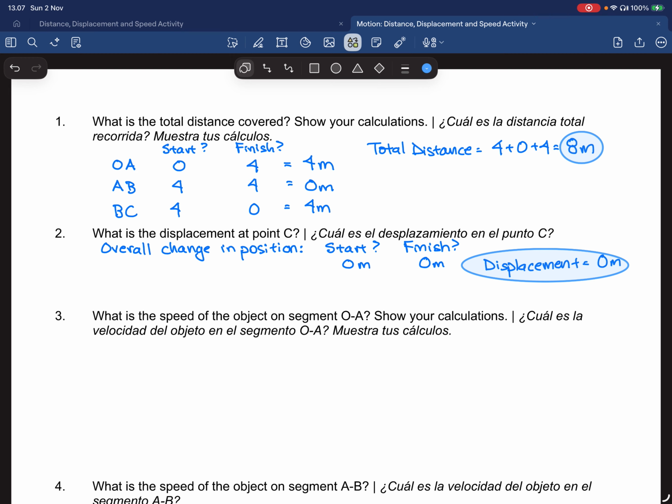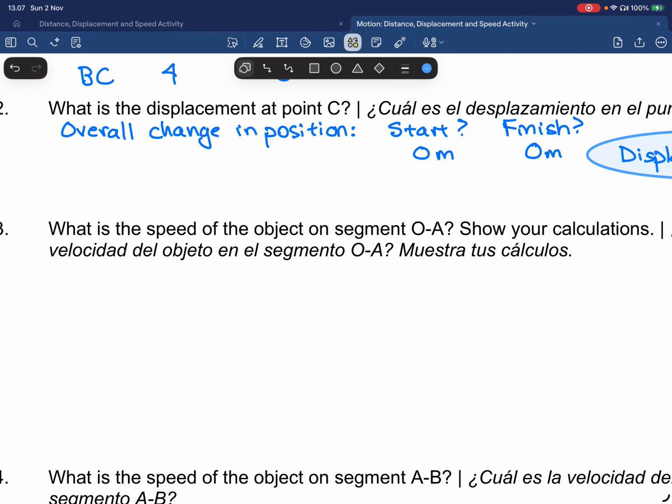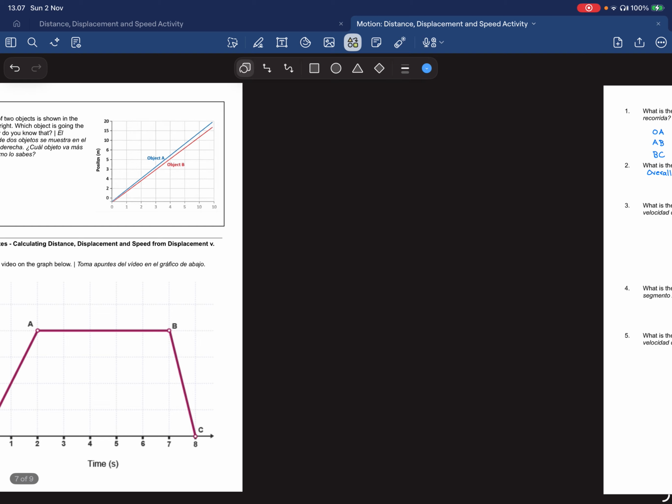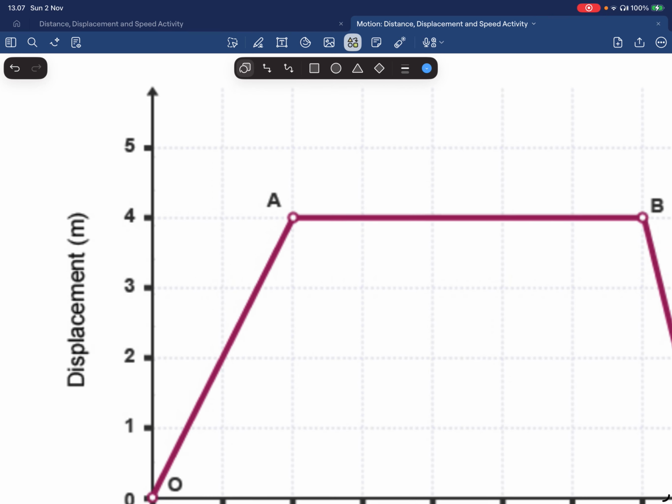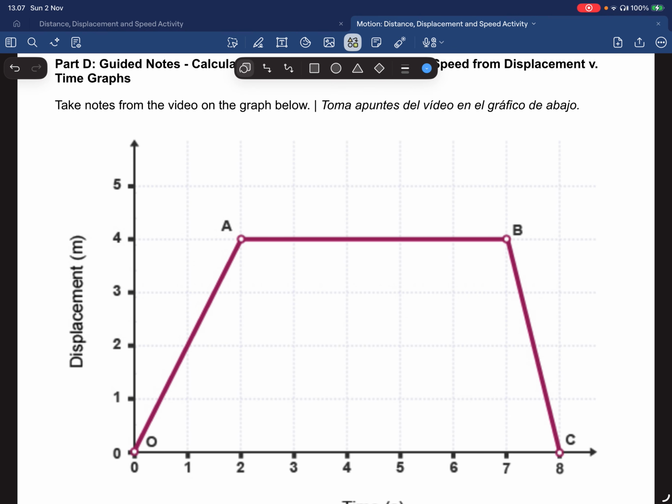Okay, now on to speed of the object in segment OA. What you have to wrap your head around is that you actually already know how to do this, okay?